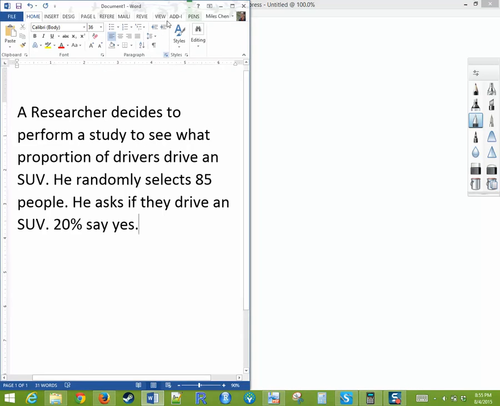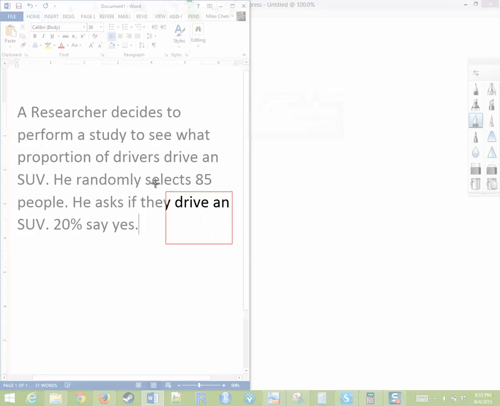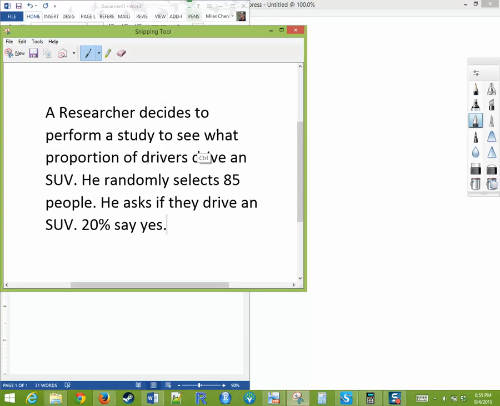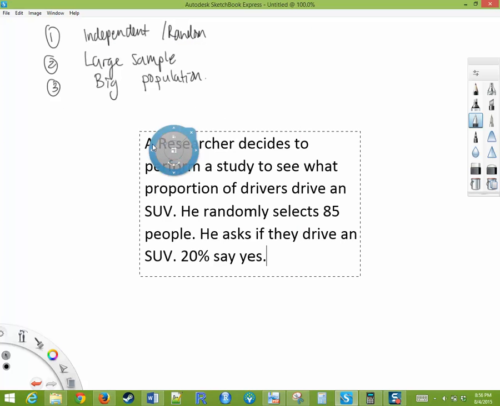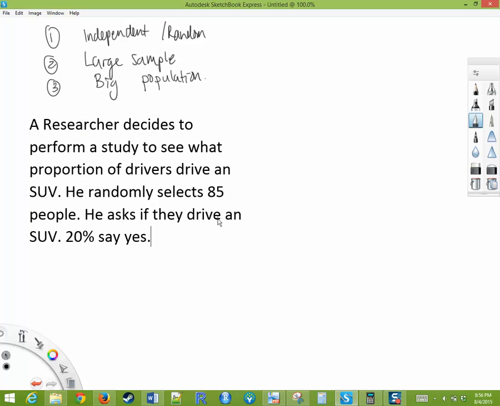Okay, so we want to know, is anything violated here? In this problem, a researcher decides to perform a study. Is the sample selected randomly? Yes. Condition 1 is met because it says he randomly selects people.